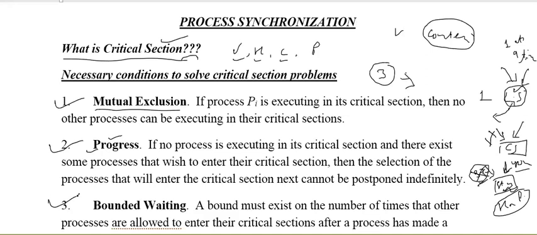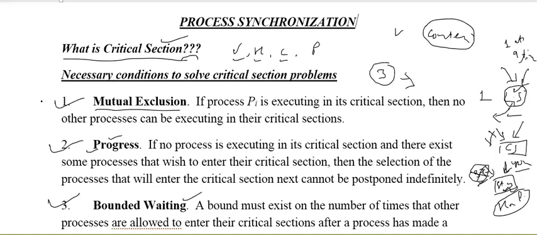The third one is bounded waiting. Bounded waiting says that nobody can use the resource for forever. If somebody has taken the resource, that person has to release it after some definite interval of time. That is known as bounded waiting.